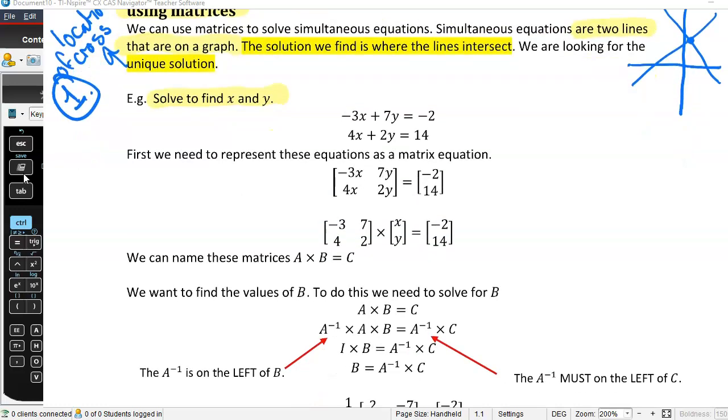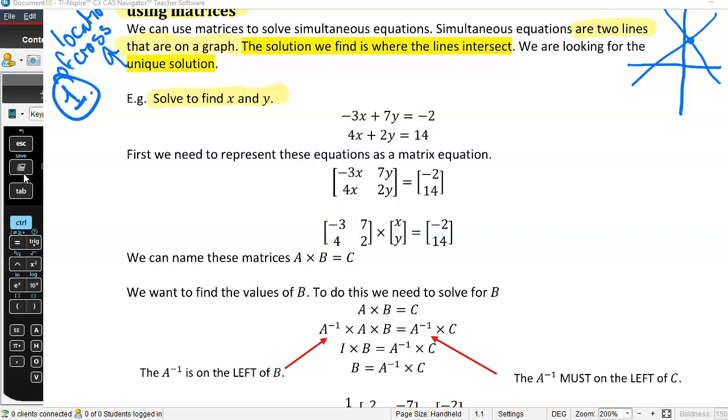Now, you probably remember from a couple of topics ago where we set up our simultaneous equations as matrices. You can remember we've got a matrix for our pronumerals here, a matrix for our answer, and a square matrix with our coefficients.